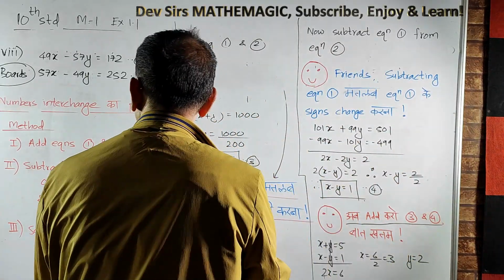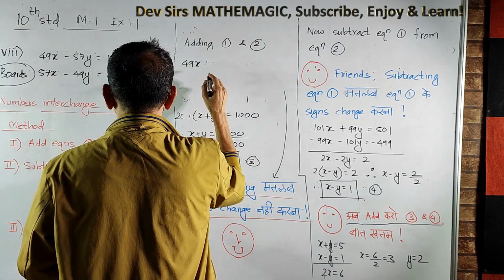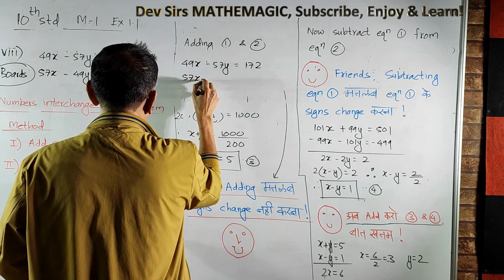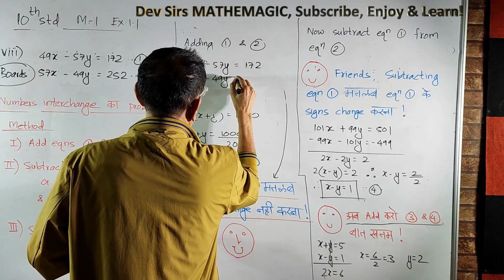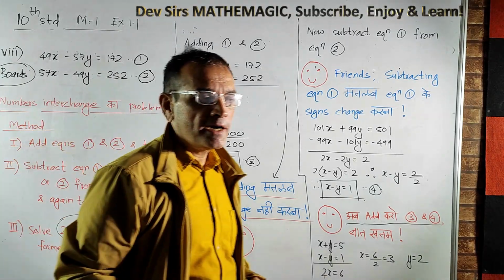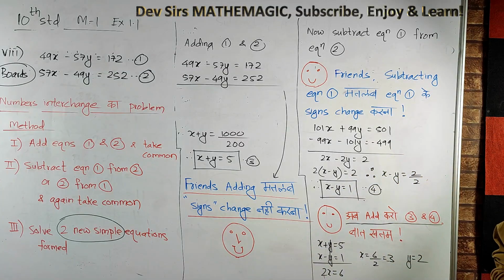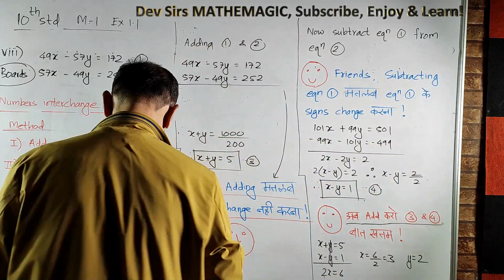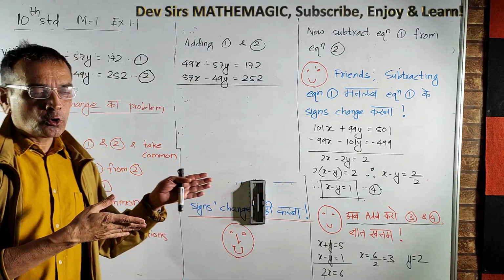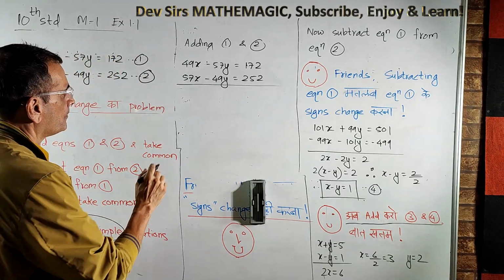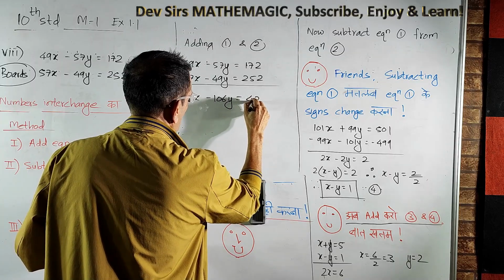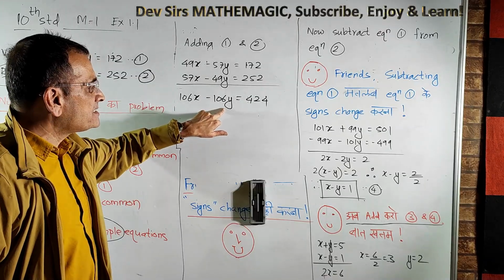Let's start writing. Add equations 1 and 2. Try the addition. Don't just watch, write something. Come on, write. 106x minus 106y equal to 424.